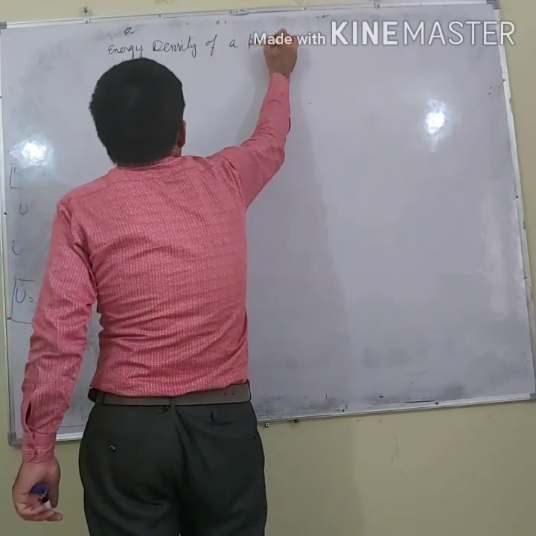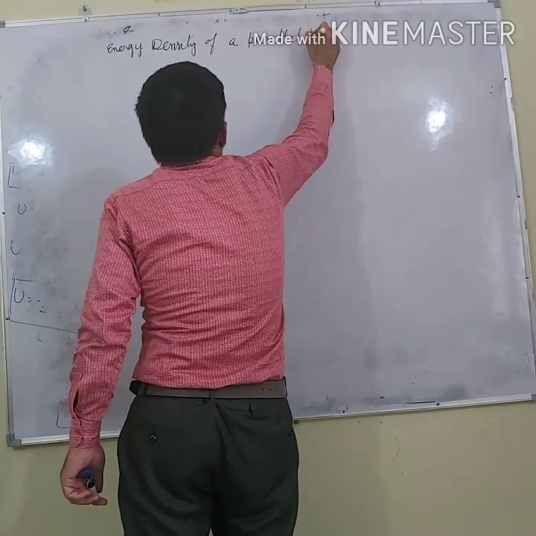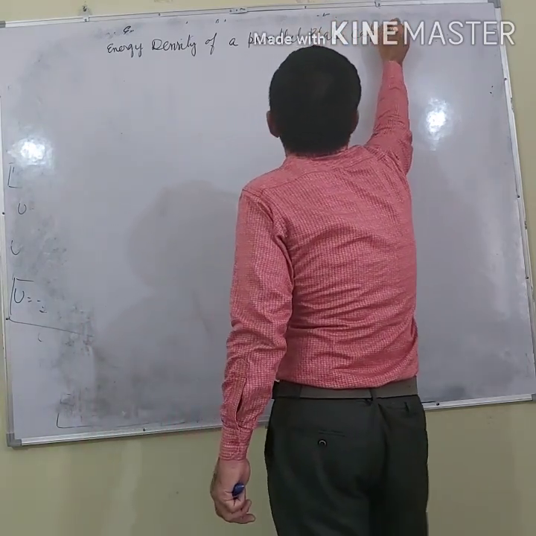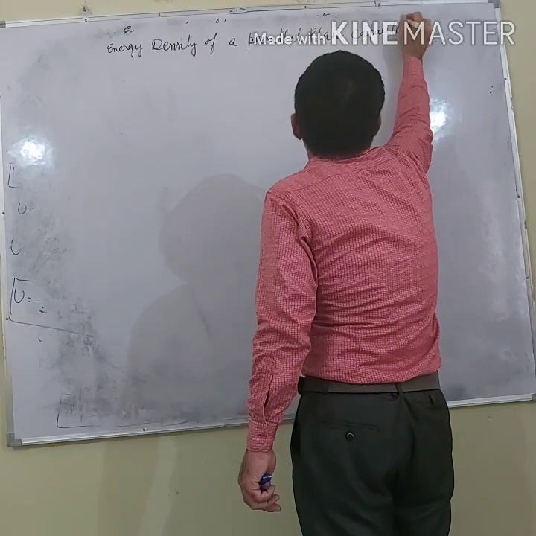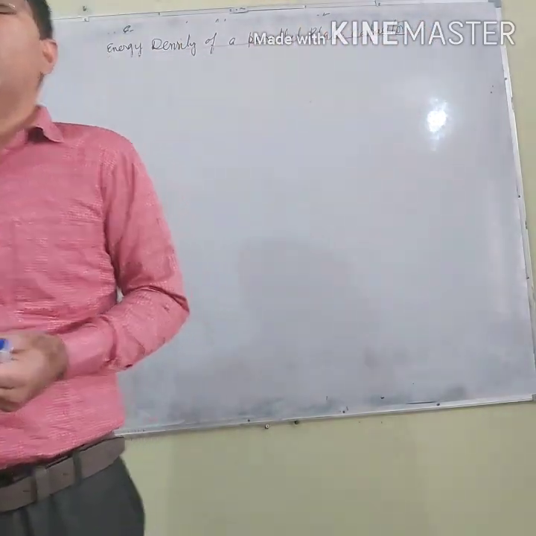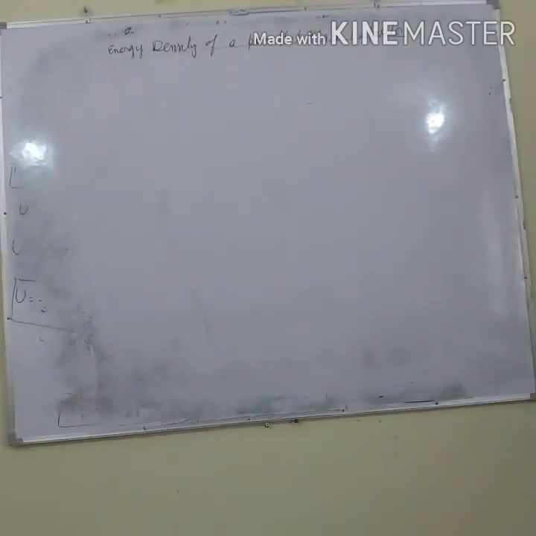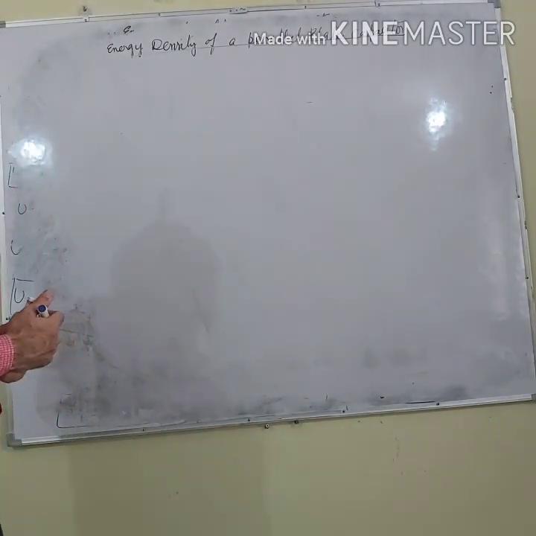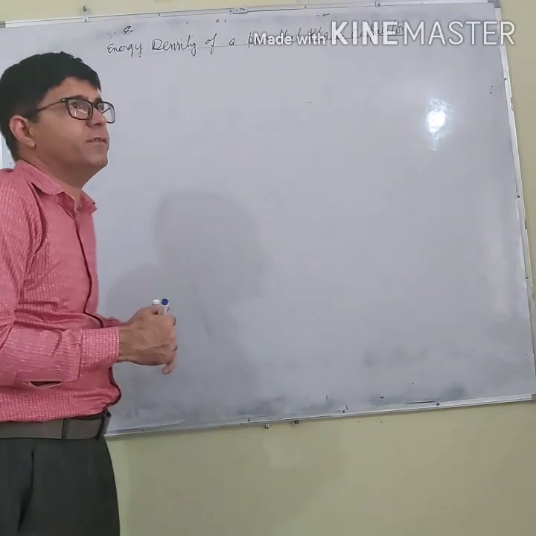What is the energy density? Energy density means energy stored per unit volume. So energy stored per unit volume of a parallel plate capacitor is called the energy density.